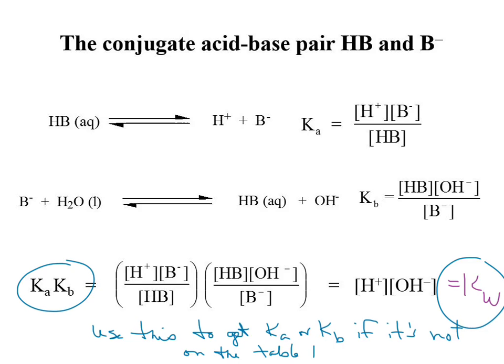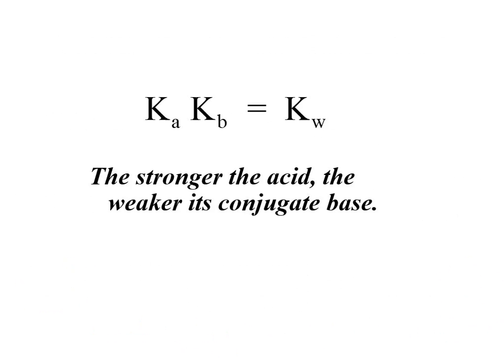And trust me, sometimes you need to do this for a test, sometimes you need to do this on problems. Sometimes for an acid-base pair, you're given Kb because it's more of a base than an acid, but what you really need is Ka. So in order to get to it, you have to use this relationship.